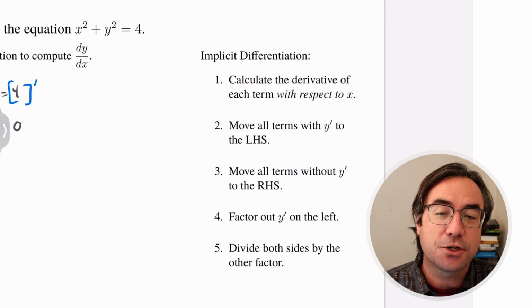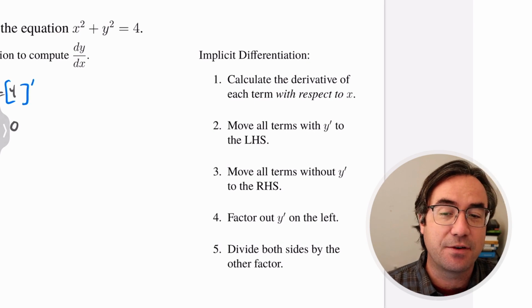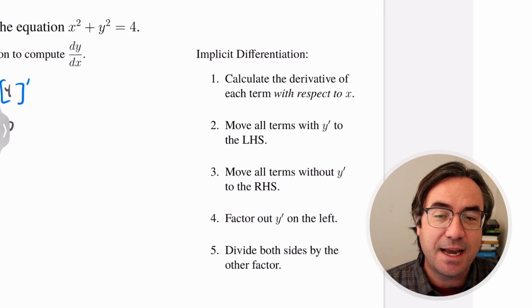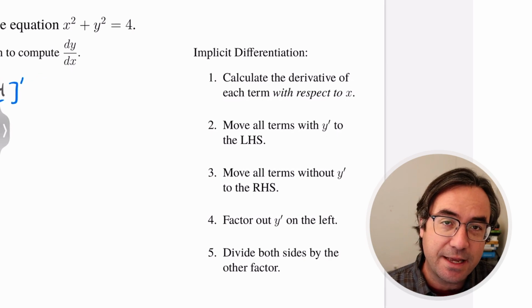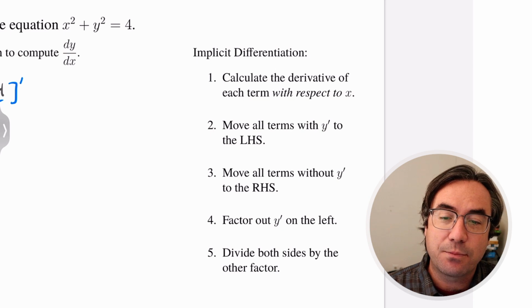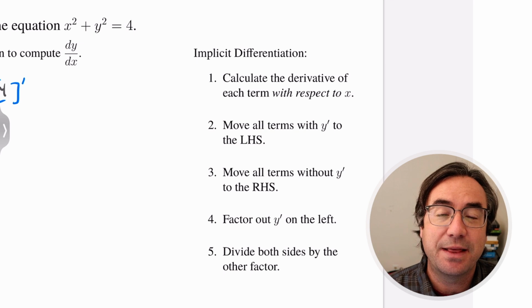We want to move all terms without y prime to the right-hand side of our equation. So that's step 3. And then on the left-hand side, if we did it correctly, everything should have a y prime, so we should be able to factor out a y prime. And then we'll be able to divide both sides by that factor.